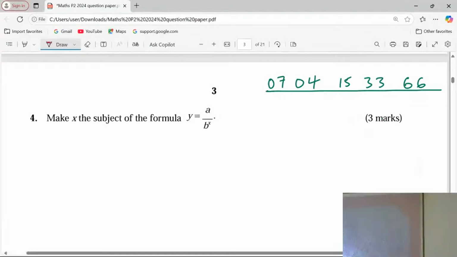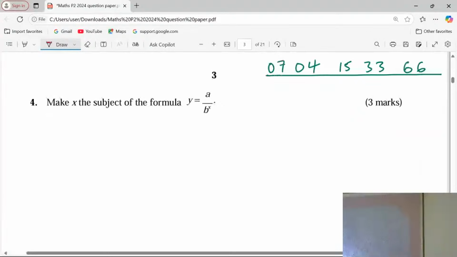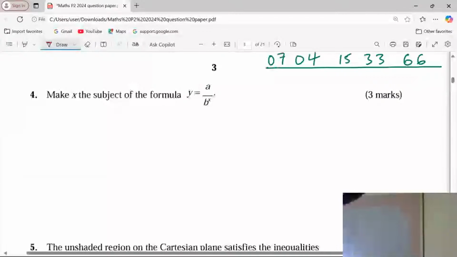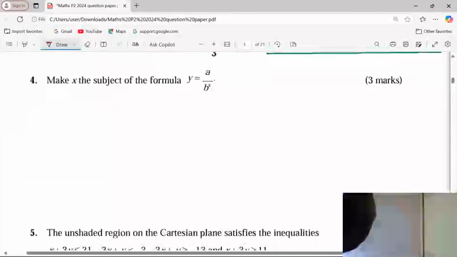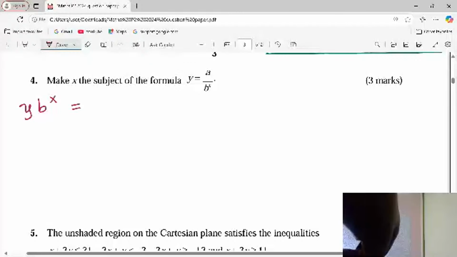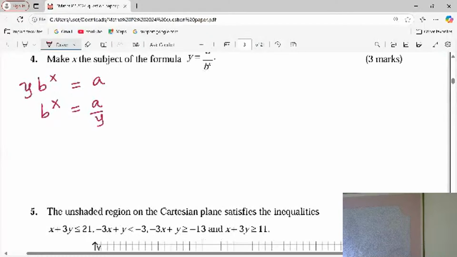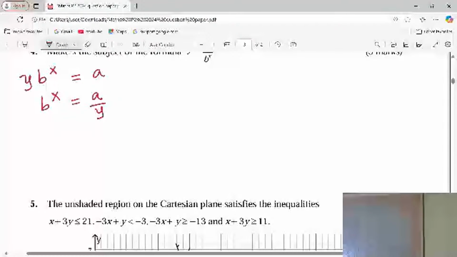Number 4, make x the subject of the formula y equals a divided by b to the power x. Allow me to begin by cross multiplying, whereby y times b to the power x equals a, so b to the power x equals a over y. At this point, since x is a power, we can introduce logarithms.